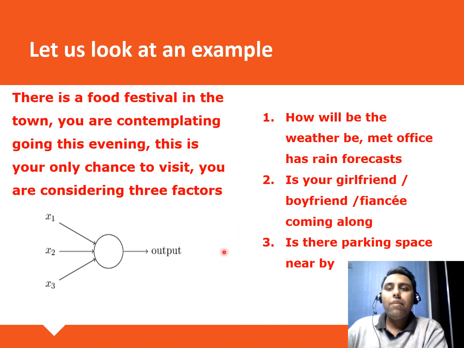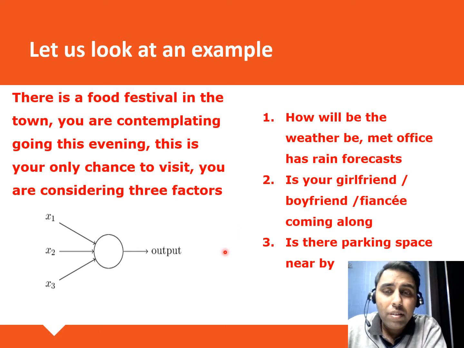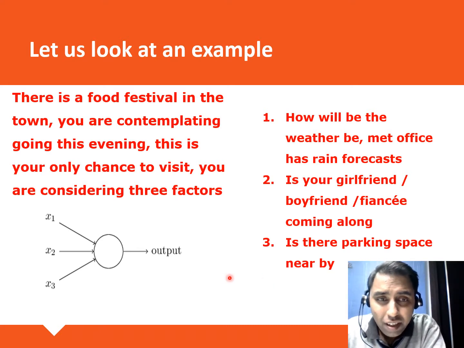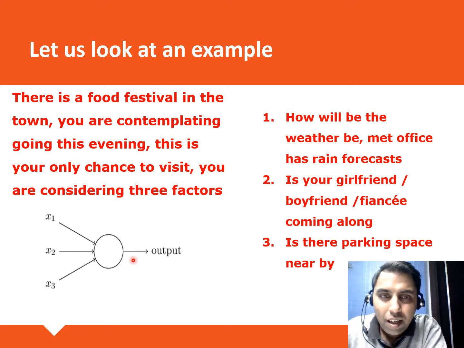And now if I replace your decision making unit, which is your mind, your human brain, with a perceptron, then what is happening is this perceptron is receiving three sources of information, it's combining them in a certain way, and then it is giving the output.